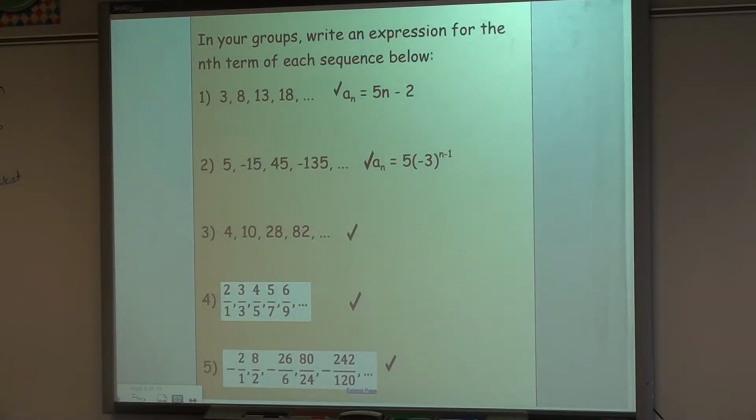Yeah. Hmm. Let's see. If I plug in a 2, I get 12 minus 4, which is 8. So it fails for your second term. But it's a good try, and this is actually in the answer.